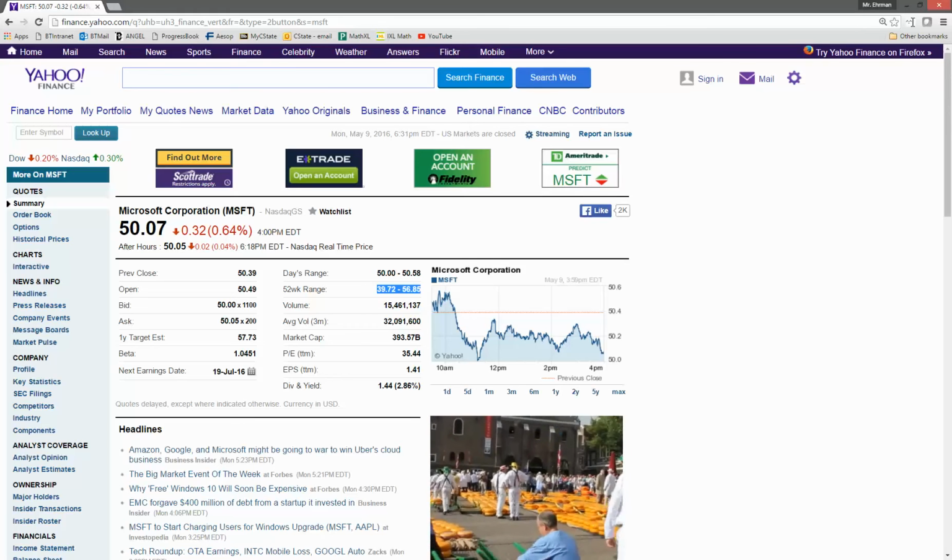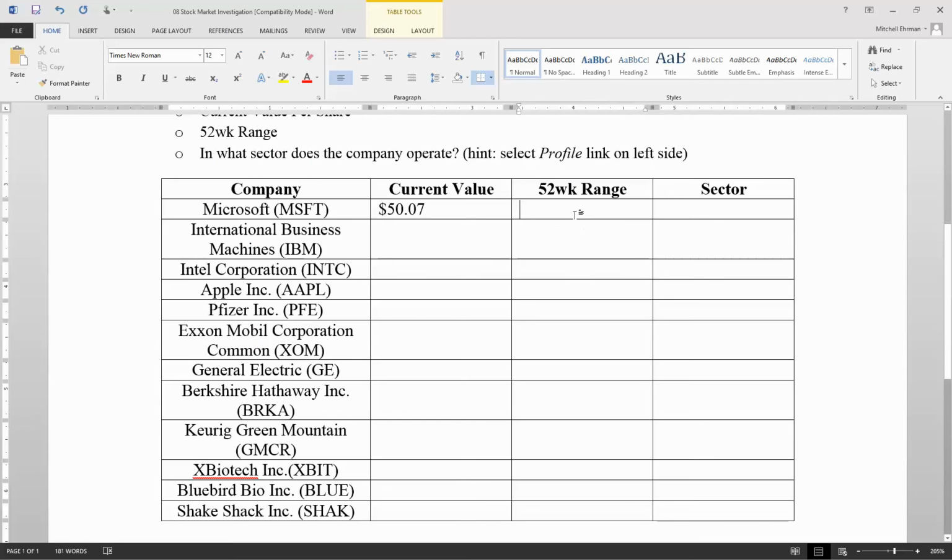So I'll copy this and bring it over to my worksheet. $39.72 to $56.85. Now that way I know whether the price in the last year has historically been higher or lower than where it's at.